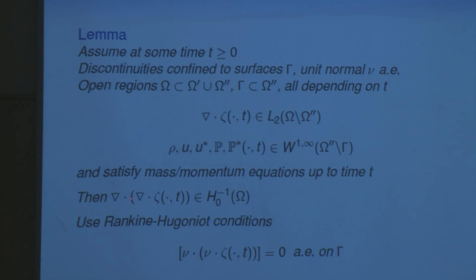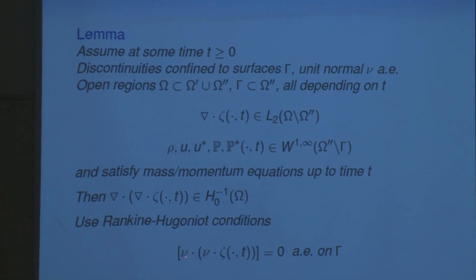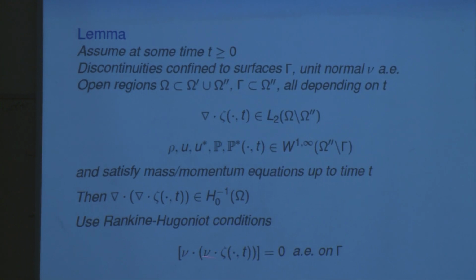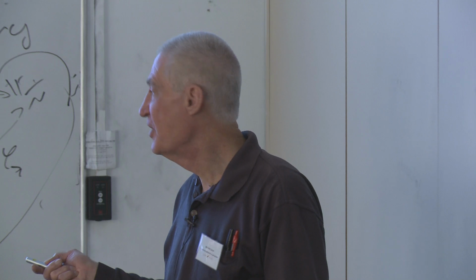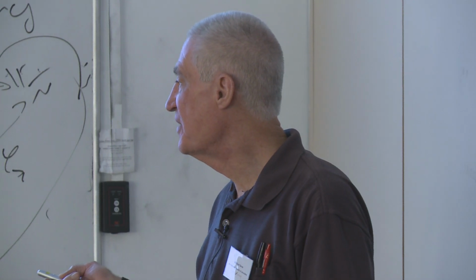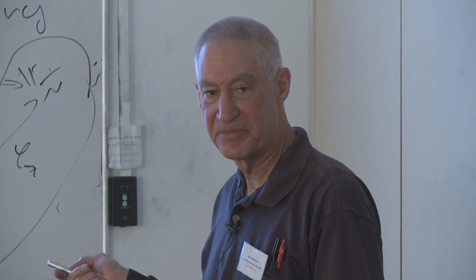Then at time t, this div zeta is indeed as smooth as you want. And the proof uses the Rankine-Hugoniot conditions. You need a smooth enough solution that you have RH conditions satisfied. Then you get that the jump in the normal component of zeta vanishes, and that's what you need, doing all the integrals very carefully to show that indeed div zeta is as smooth as you want.